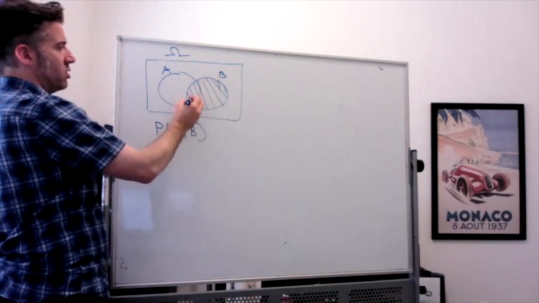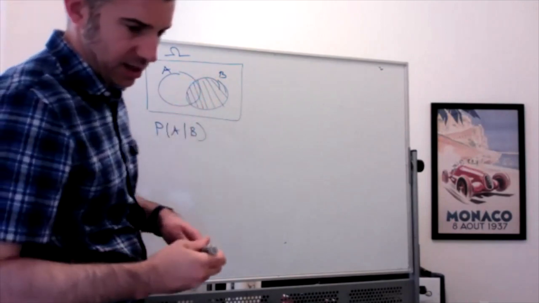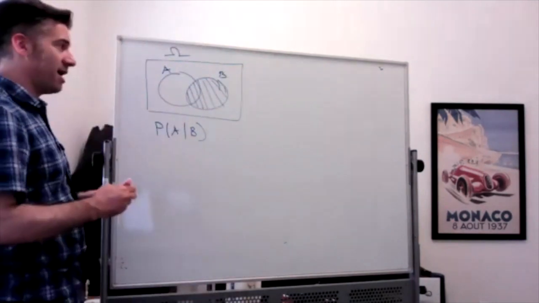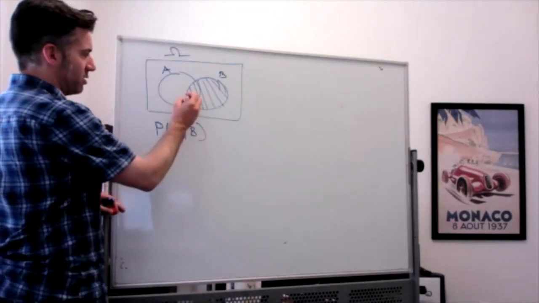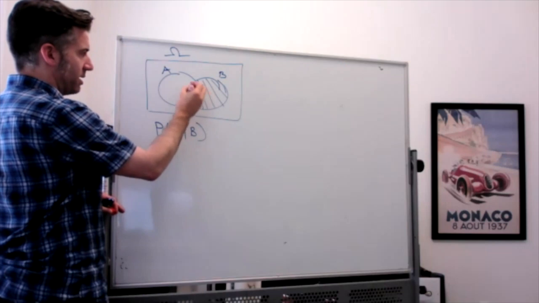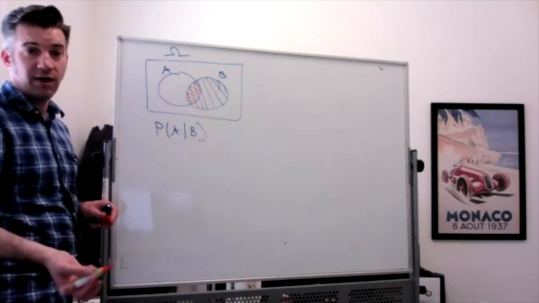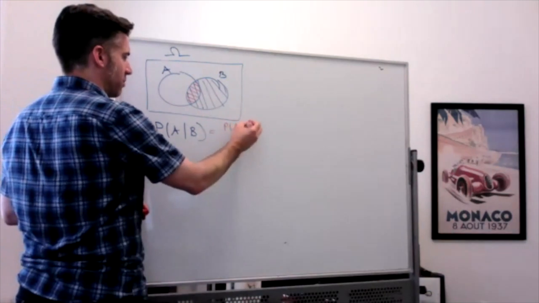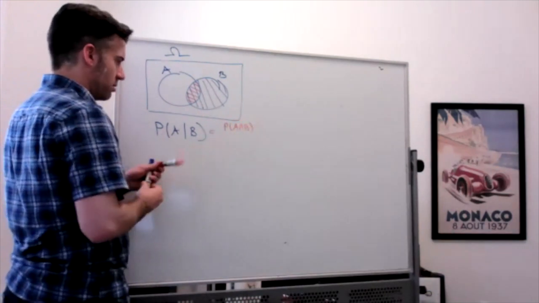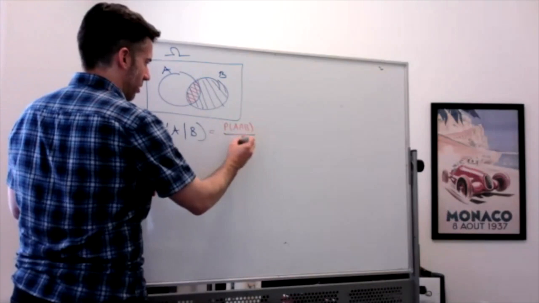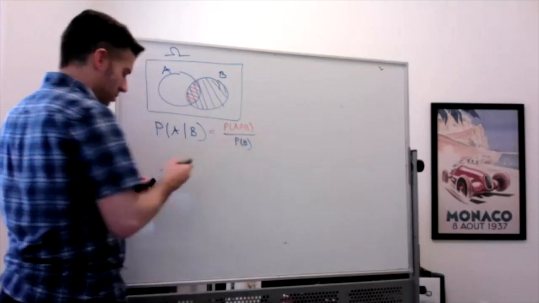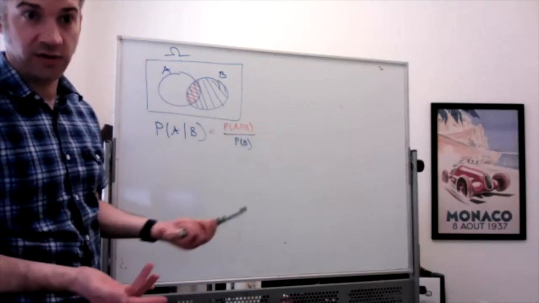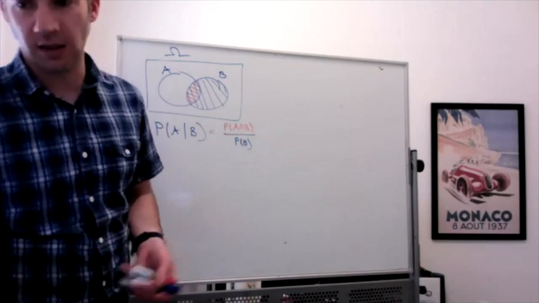This is our reduced sample space. And we're asking, what's the probability that you're in A given that you're in B? Well, that's the probability that you're in here, because that's the only part of A we get to have. And that's exactly the probability of A intersect B divided by the probability of B. So there's a graphical representation of it as well. Hopefully that helps you see it a little bit better.